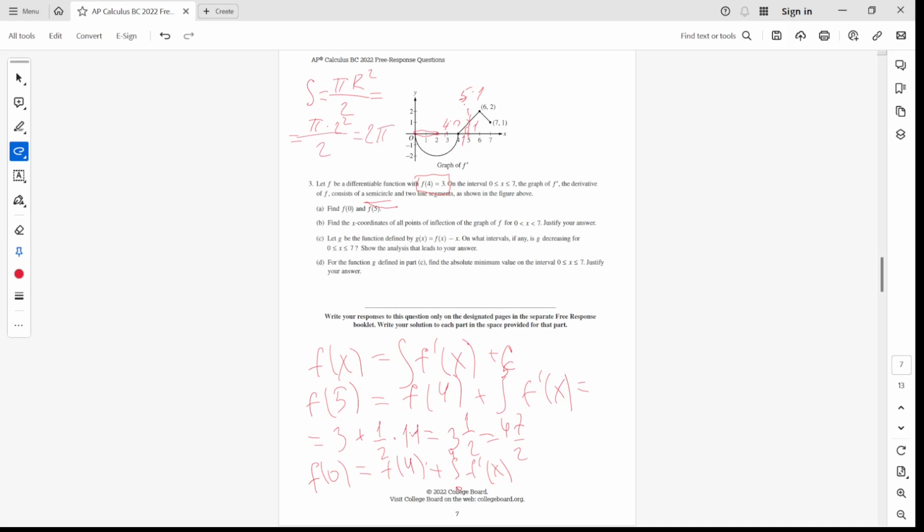But because it's below the x-axis, right? We need to subtract. So the integral would be equal to minus 2 pi, and it's gonna give us f of 0 is equal to 3 minus 2 pi. For the next part, we need to find all points of inflection.